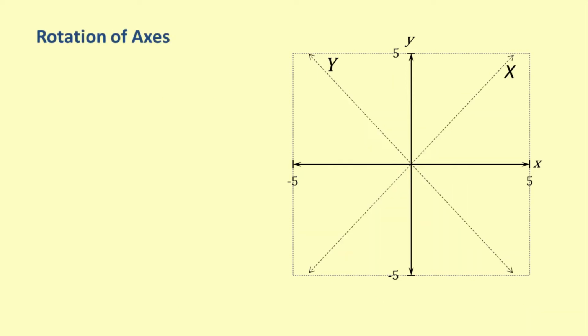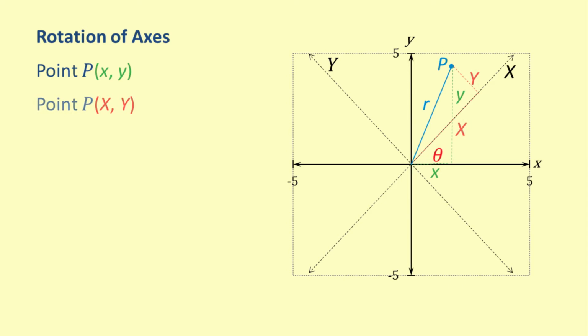Let the new capital XY coordinate system be a rotation of the xy coordinate system about the origin by angle theta. Let P equal some point at a distance r from the origin. We can represent the point P as the point xy on the original coordinate system or capital XY on the new coordinate system.